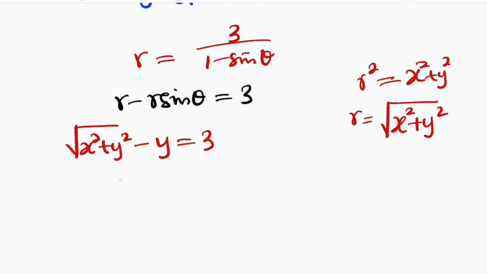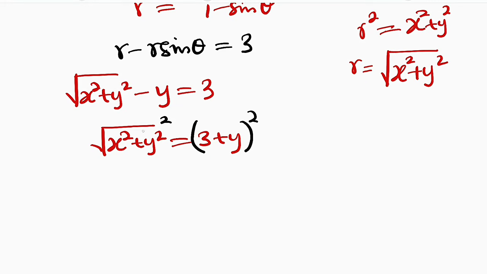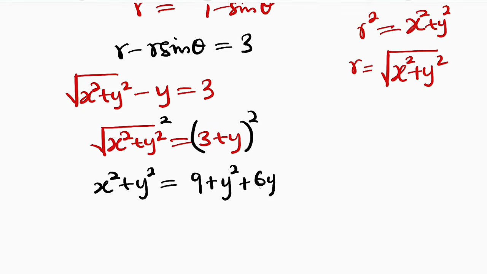Let us take negative y to the other side. We have the square root of x squared plus y squared to the left, and this is equal to 3 plus y. Now I would like to square both sides. The power of 2 will cancel the square root. You have x squared plus y squared to the left, and this is equal to the expansion of 3 plus y to the power of 2, which will be the first term squared, which is 9, the second term squared, which is y squared, then 2 times the first term, which is 6, times the second term, which is 6y.